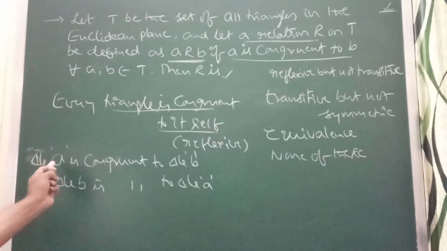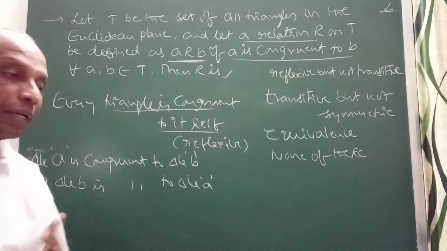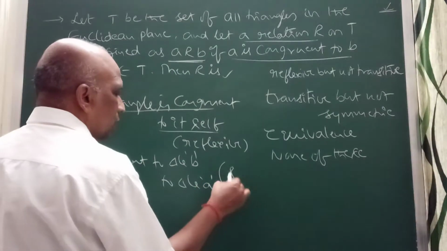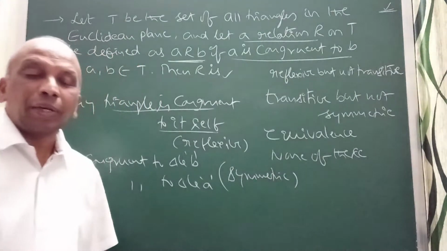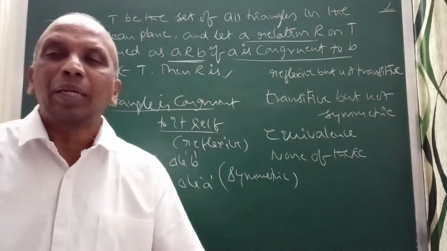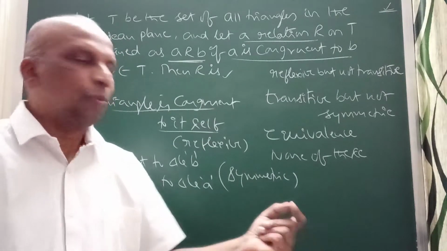When triangle A is congruent to triangle B and B is also congruent to A, it is symmetric. No doubt, if T1 is congruent to T2, then T2 is congruent to T1, so this is symmetric also.